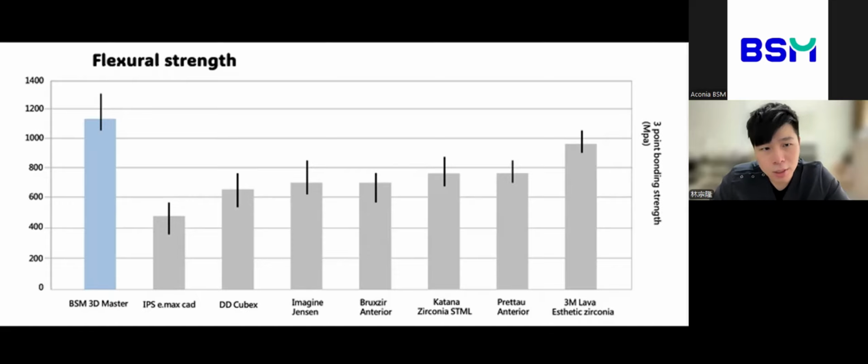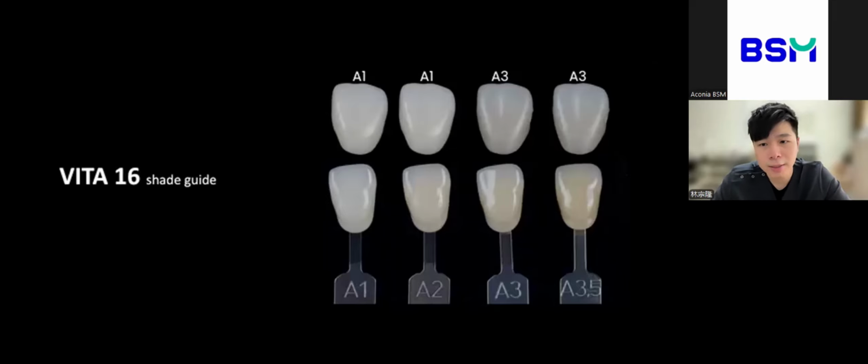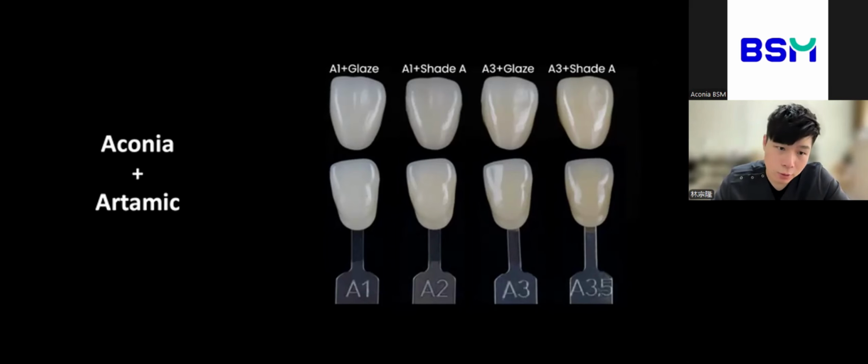As I mentioned earlier, a good zirconia development concept is that the base color should be as close to the shade guide as possible. That's the important thing, right? Here you can see that even without glaze, the base color of zirconia is already very close to the shade guide. Then we use only external stain to get the final result we want.